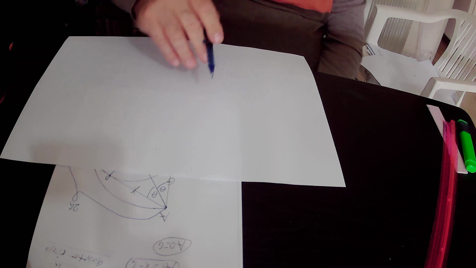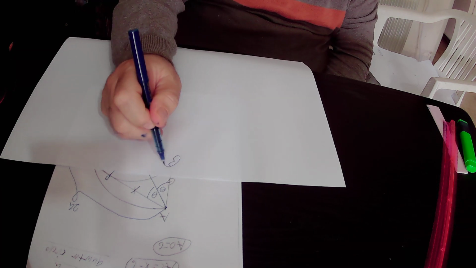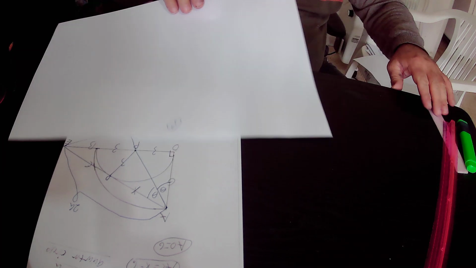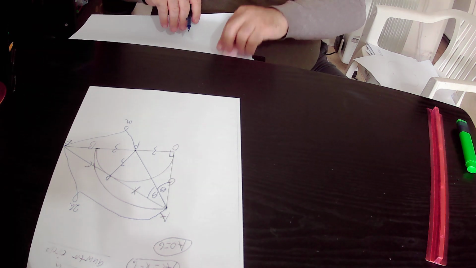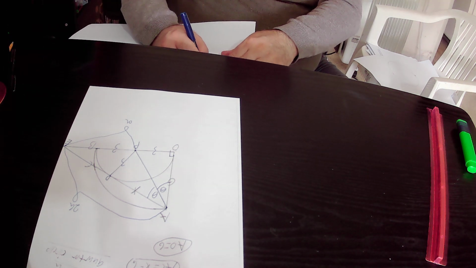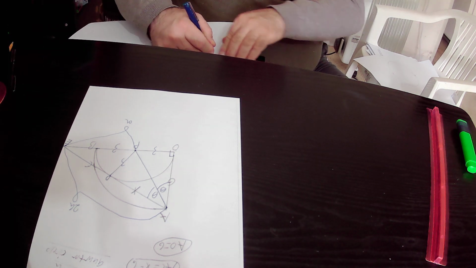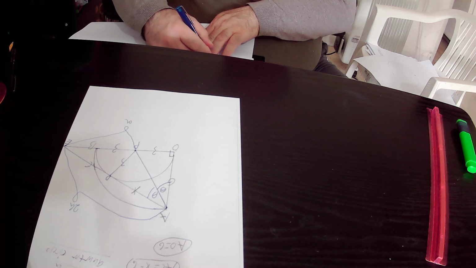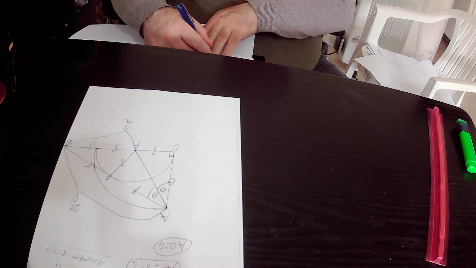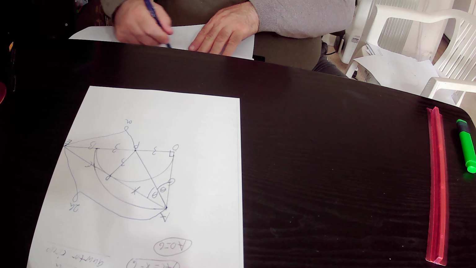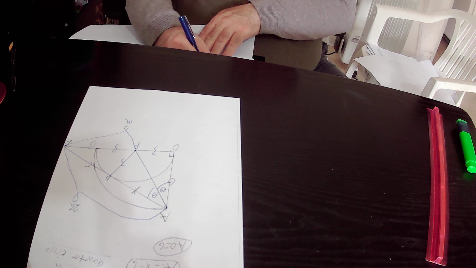Okay? So we have the right triangle AOE. Side AO equals 6 units.